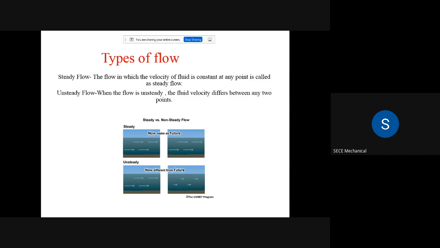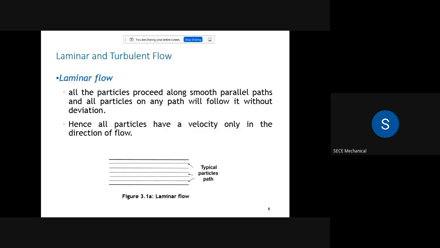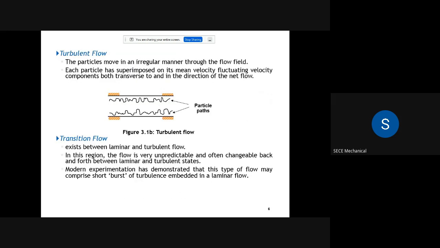Just make a note that there are different types of fluid flow: steady flow and unsteady flow, uniform and non-uniform flow, laminar and turbulent flow, compressible and incompressible flow, rotational and irrotational flow, and one-dimensional, two-dimensional and three-dimensional flow. So there are different types of fluid flows.